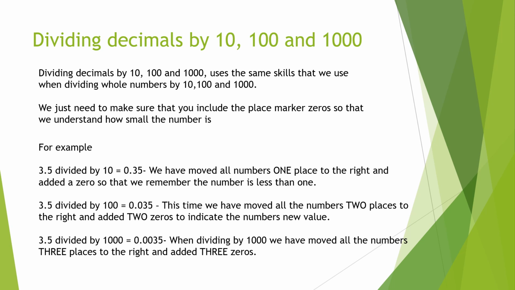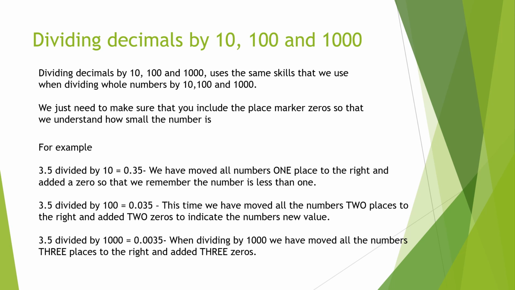Okay, that number is now less than 1. And making sure we've got that 0, make sure that people understand that. Likewise, if we were to divide 3.5 by 100, we're going to move 3.5 2 places to the right. So that 3 bunny hops the tenths column and goes into the hundredths, and the 5 moves over 2 places and ends up in the thousandths column.